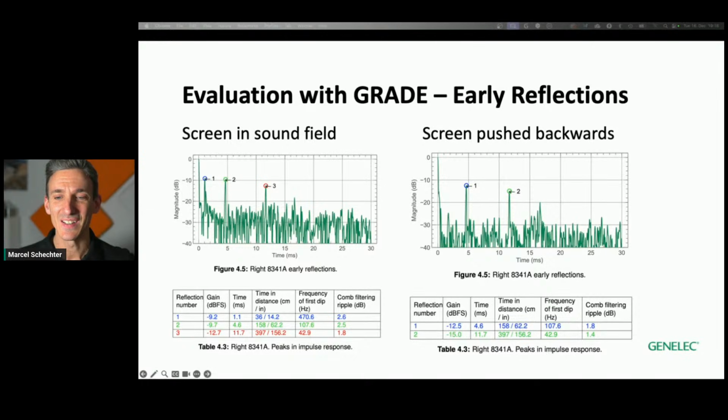And if you then read in this table, reflection number 1 shows a time and distance of 36 centimeters. And this is exactly the distance that is somehow caused by this screen in the sound field. So the traveling path of the sound between direct sound from the speaker and the reflection over somehow the screen was 36 centimeters. And on the right side, it's pushed back, and then this is just gone.